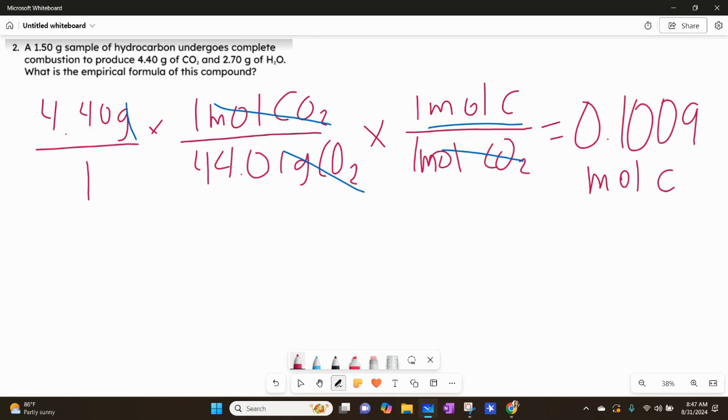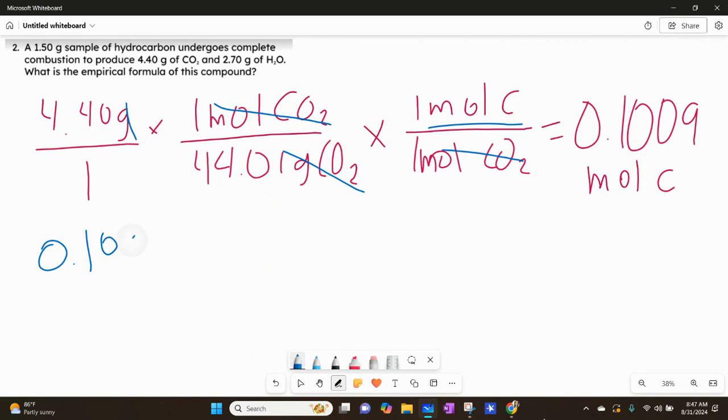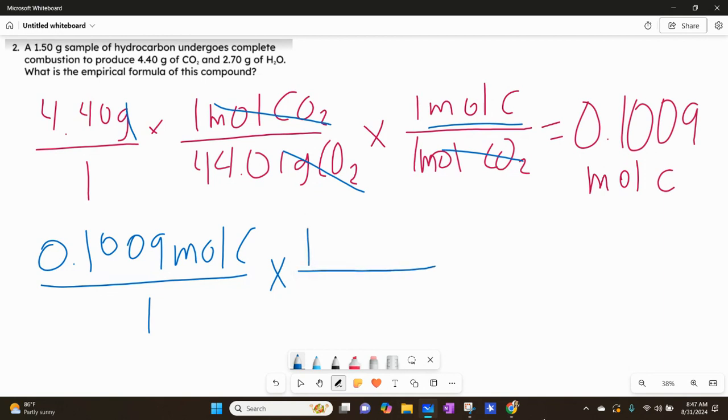Now we're going to take the moles of carbon that we just found, 0.1009 moles of carbon, and we're going to multiply that by 12.01 grams of carbon over 1 mole of carbon.